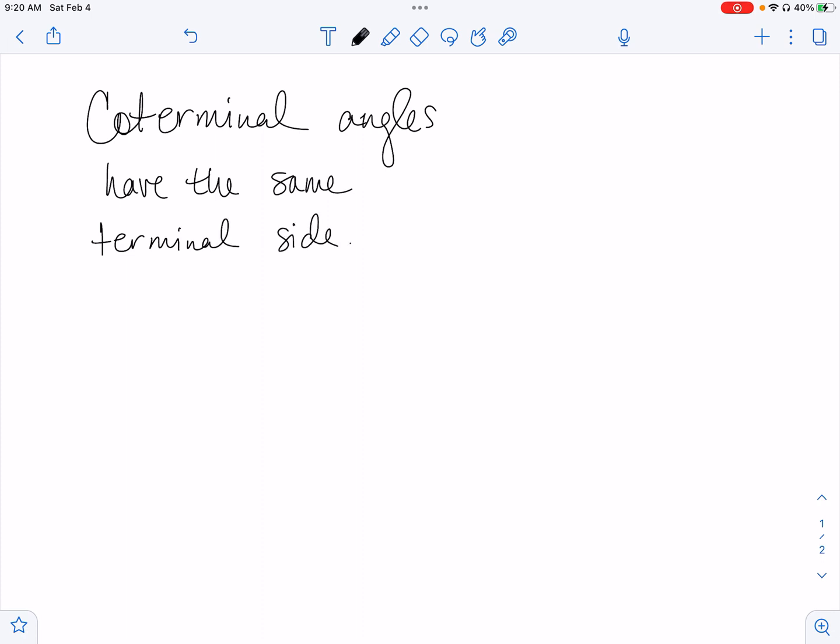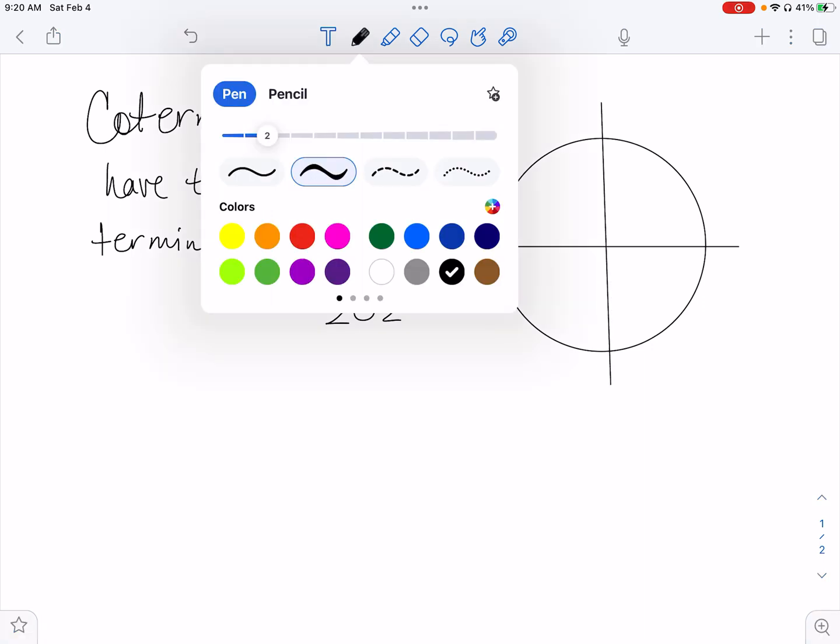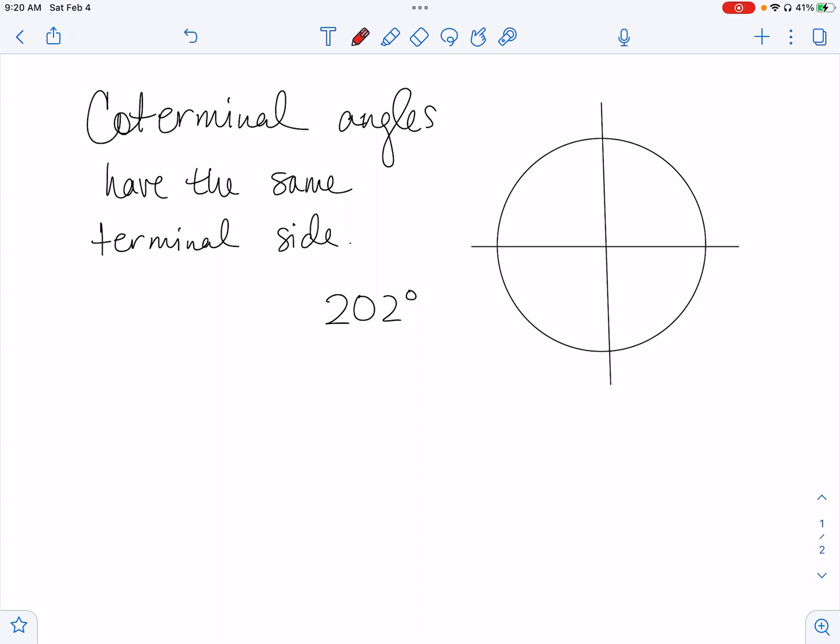So if I take a unit circle and I'm given an angle like 202 degrees, I know halfway around the circle is 180, and 3/4 of the way around the circle is 270, so 202 degrees is going to be somewhere in that 3rd quadrant.